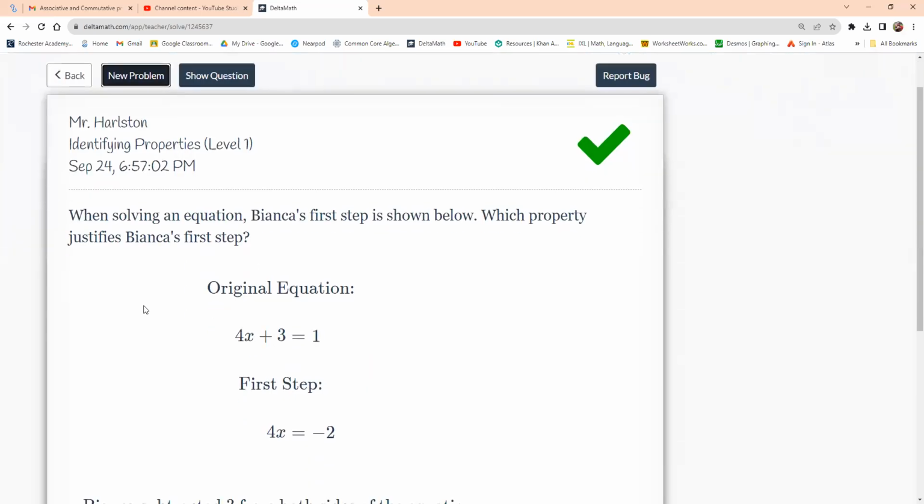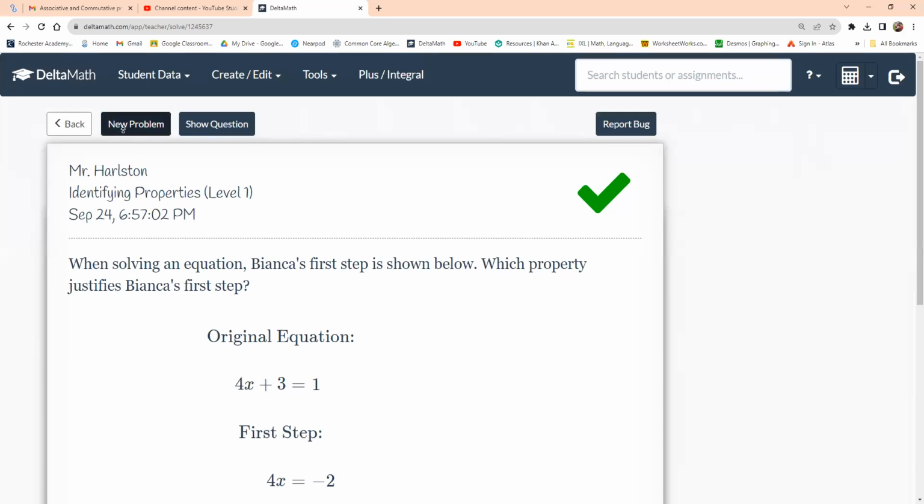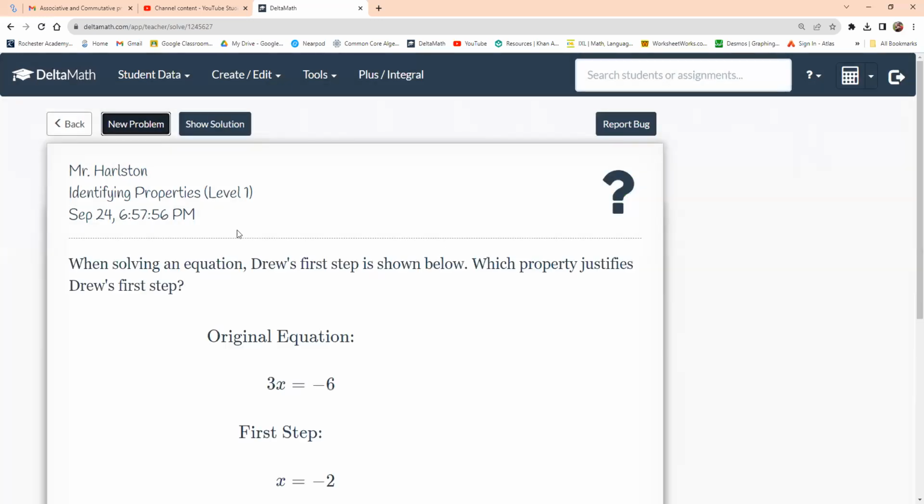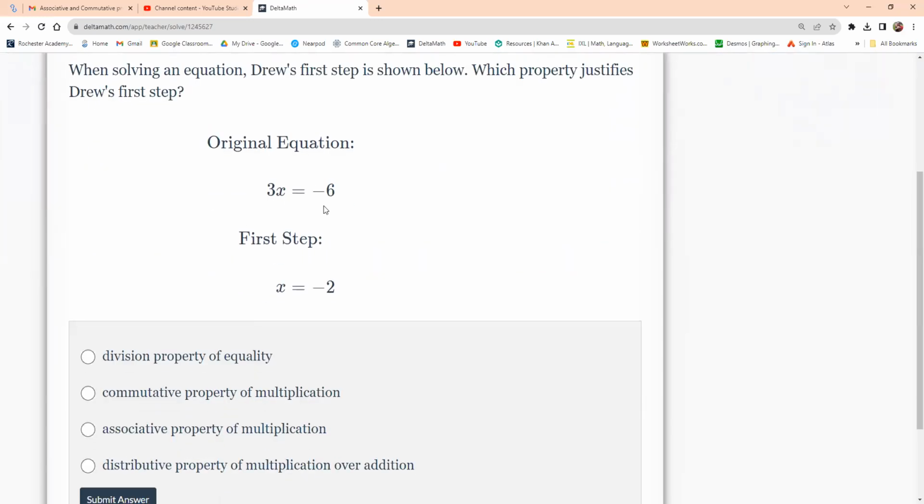All right, so now let's see. I want to do one more. Let's see what we got here. Let's do one more. All right, so we got 3x equal to negative 6, and we divided both sides by 3. To get rid of this 3, this is 3 times x. We're going to do the opposite. So we divide both sides by 3. So that's the division property of equality.